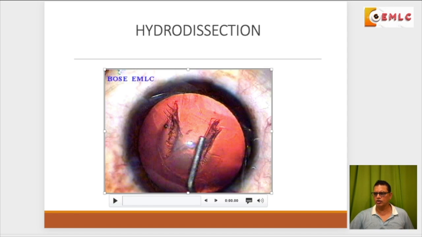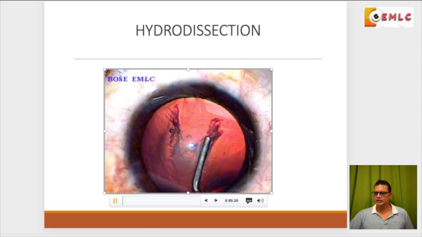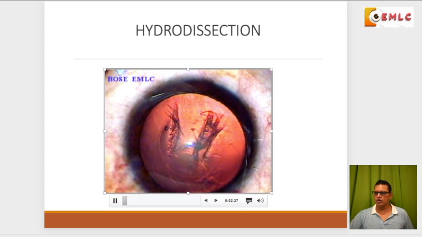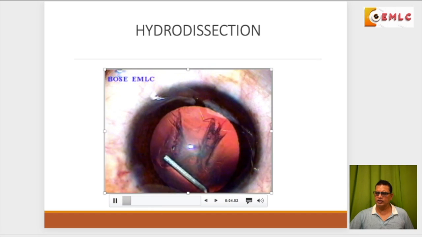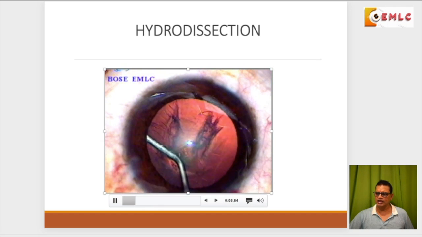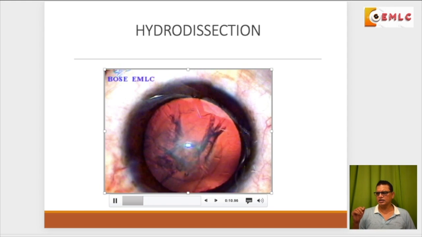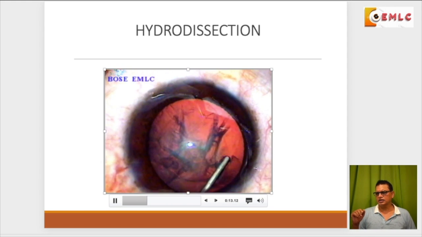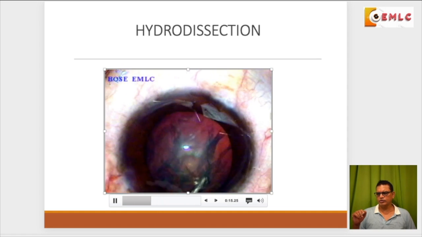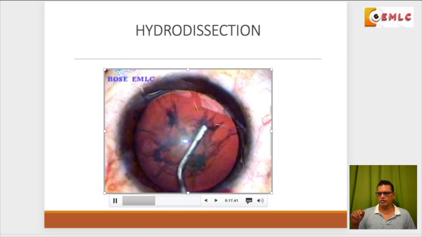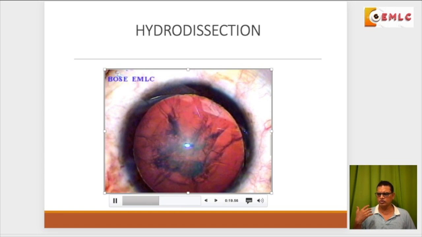Then again, this is a small video. As you can see, very small amount of fluid is being injected from all the sides so that we get a very good 360-degree separation between the capsule and the nucleus all around, and the wave of fluid should go also behind.